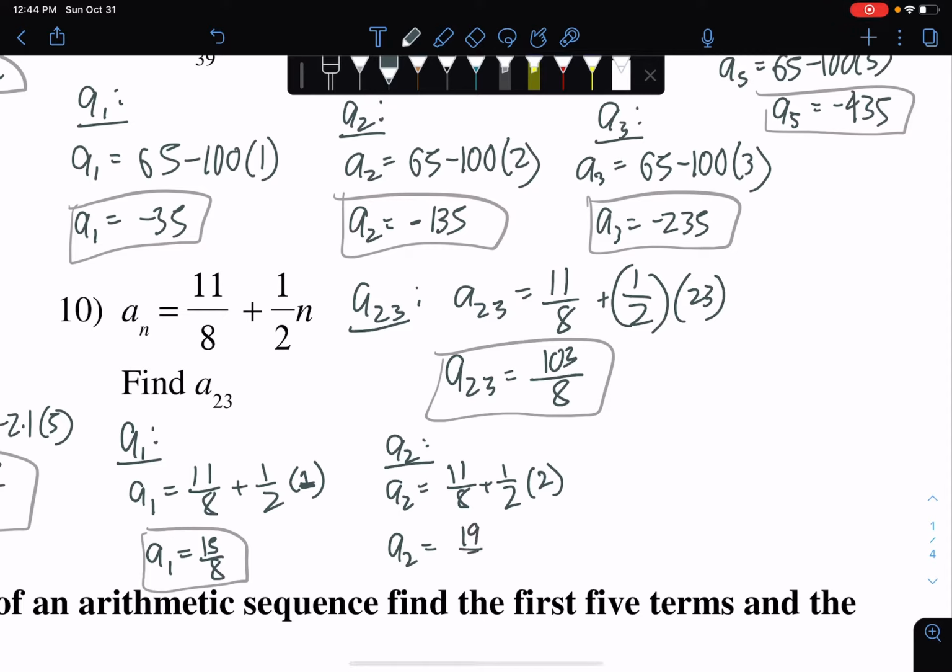A sub 2 is equal to 19 over 8. For a sub 3 is equal to 11 over 8 plus 1 over 2 times 3. Our answer for a sub 3 is 23 over 8.